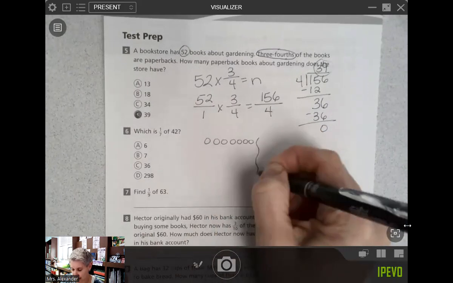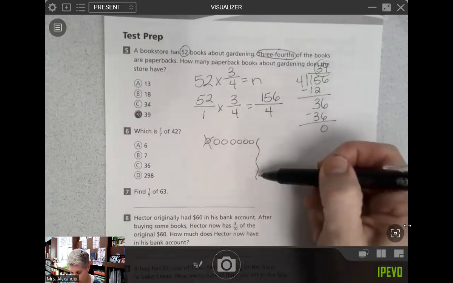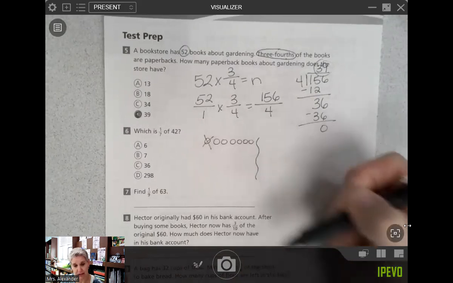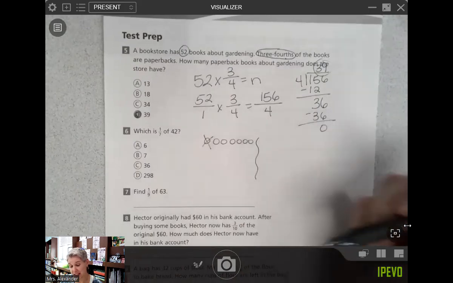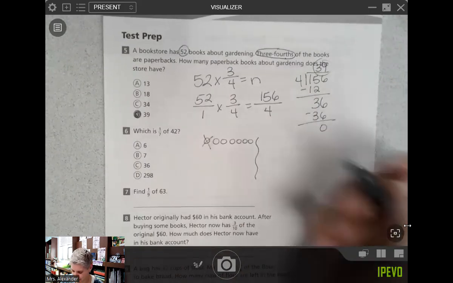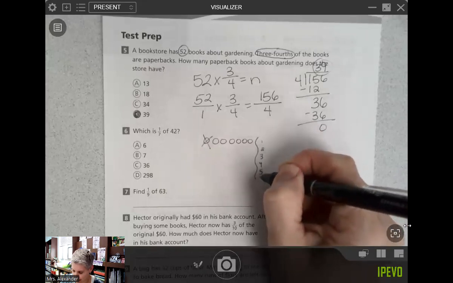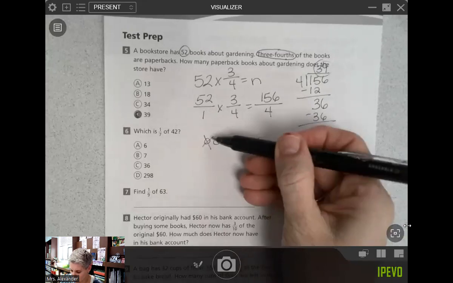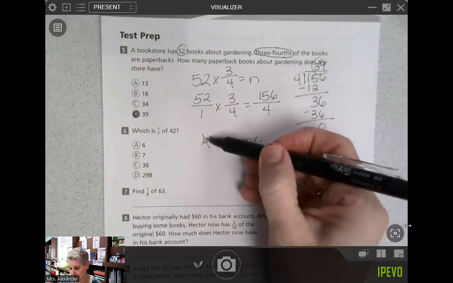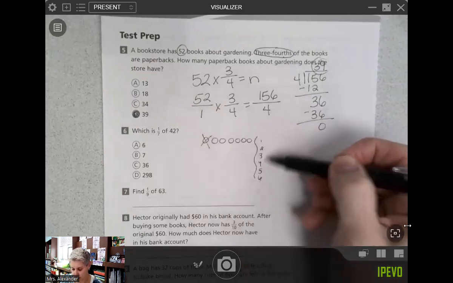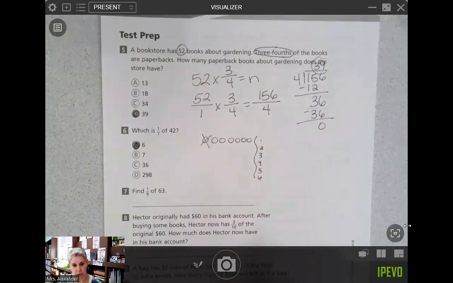Now, if I imagine I have those 6 groups and 1 out of every 7 is taken, with that unit fraction, if I imagine there's 1, 2, 3, 4, 5, 6 of these rows and 1 in every row, I don't have to necessarily draw them all out because I know that would be 1 in every row. There are 6 rows. That would give me 6. 1/7 of 42 is 6.